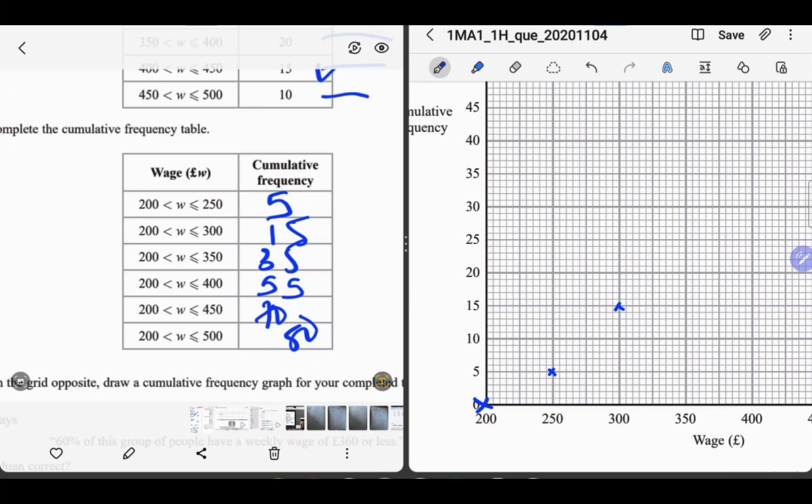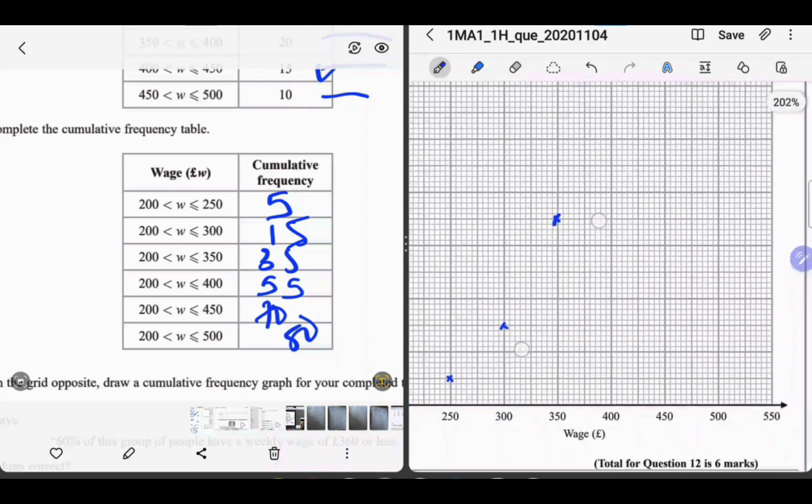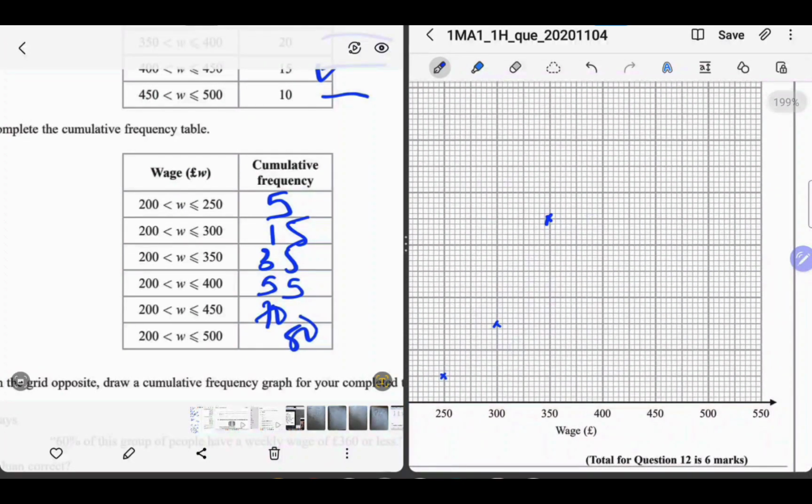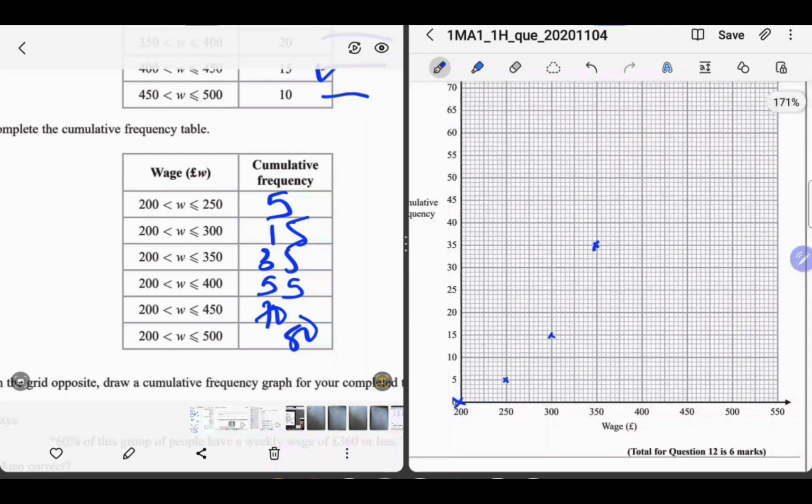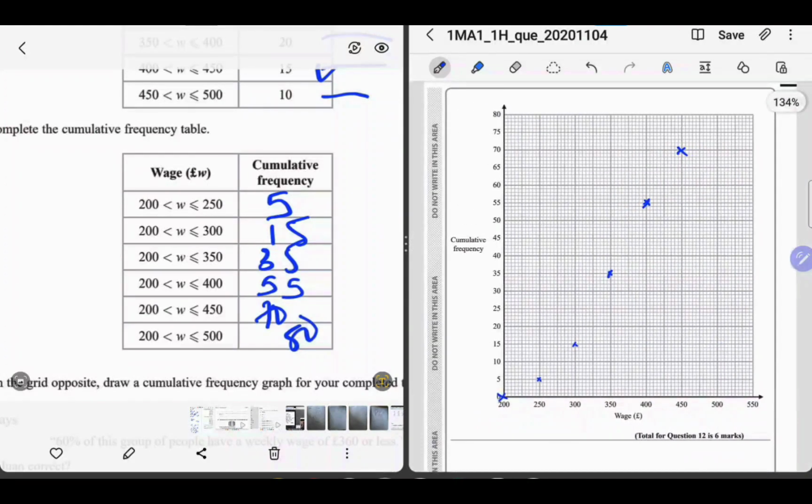Pretty straightforward, I must say. Then we have 35 matching onto 350. Okay, 35 is right over here. 400 matching onto 55. That is here. And then 70 matching onto 450, so 70. 80 matching onto 500.